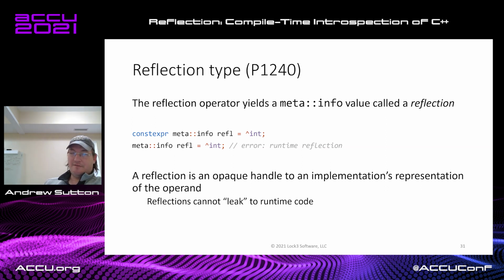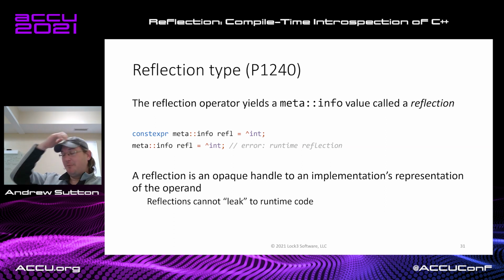Okay, so the result of reflecting something is called a reflection. It's a value of type meta::info. This value is sort of like an opaque scalar value. So it's kind of like int, but it's not kind of like int. You don't really know what it is, but under the hood, it's really a handle to an implementation's internal representation of whatever the operand is.